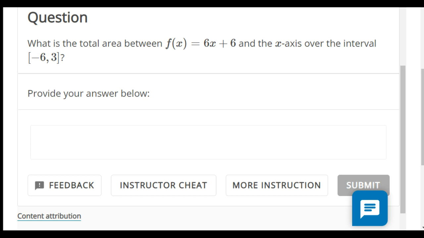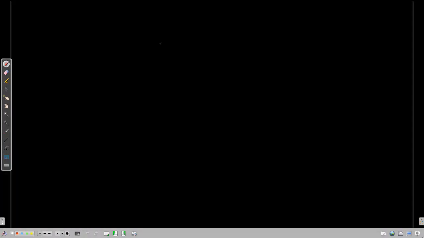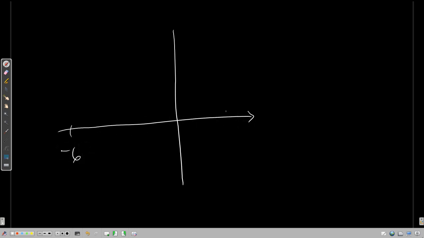What is the total area between this line and the x-axis on that interval? So there's minus 6. I guess right there is 3. And my line is 6x plus 6.